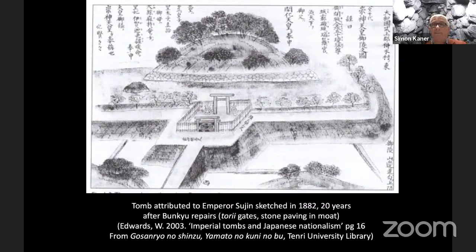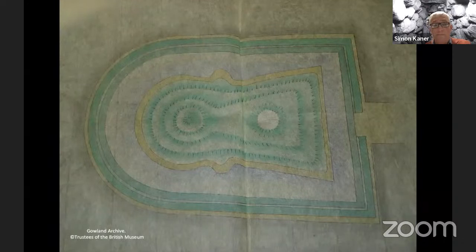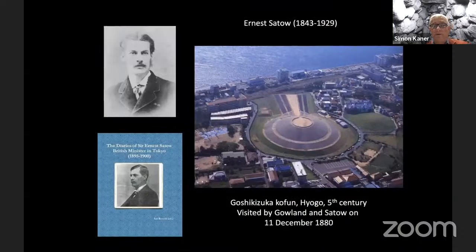There are many earthquakes, there are floods, there's torrential rains. All of that has a deleterious effect on these mounds. And repairs were undertaken, and surveys and sketches were produced of many of these sites. And this is an archive which is in the British Museum, and in my opinion an invaluable thing. I know our Japanese colleagues are very interested in these materials.